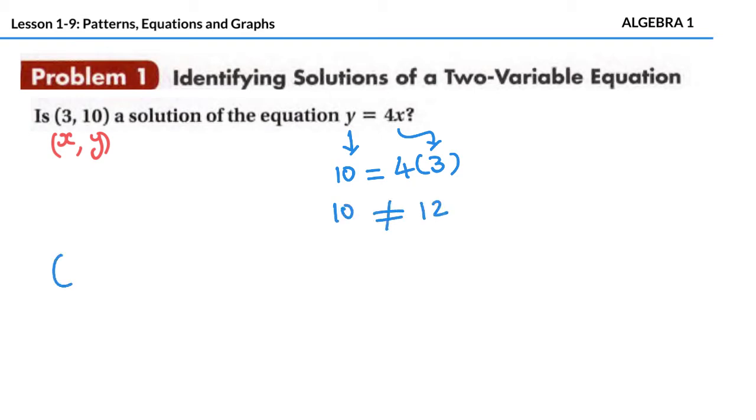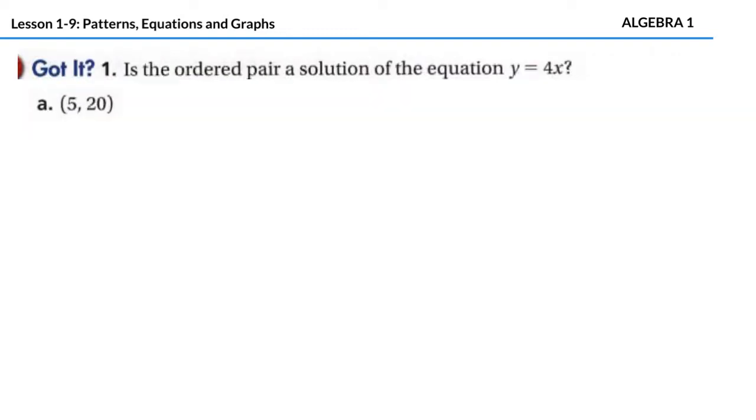So (3, 10) is not a solution of this equation. Get the idea? So you need to replace the x value into the equation for x and figure out whether you land up with the y value. Let's try a few more examples.